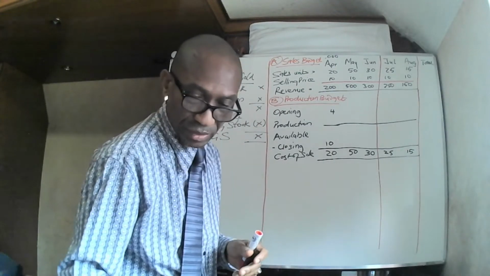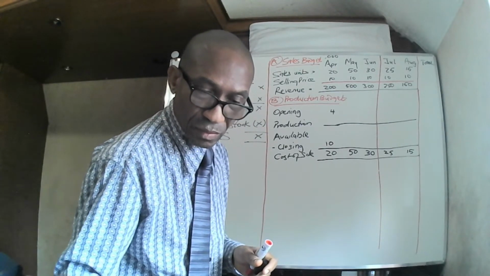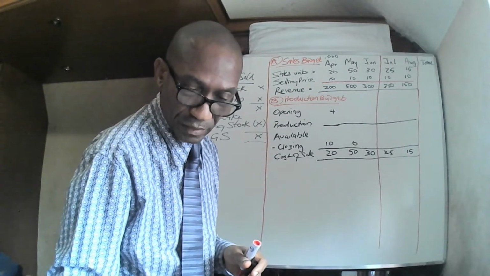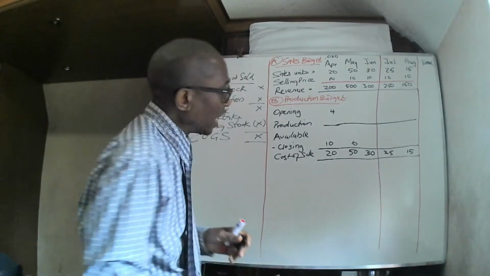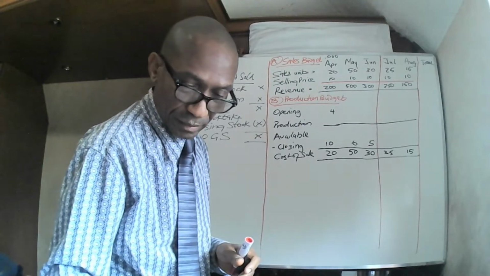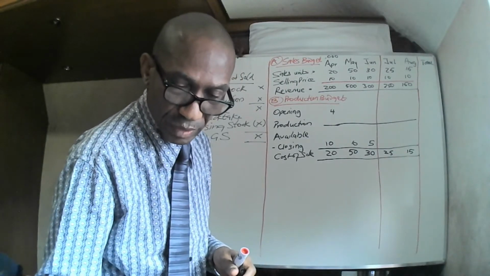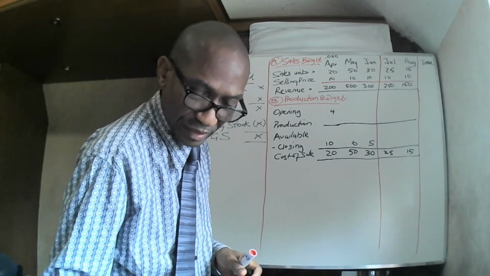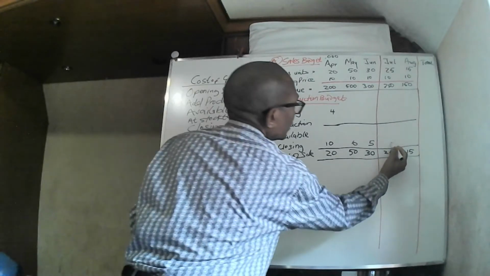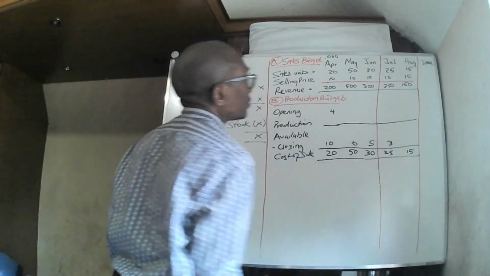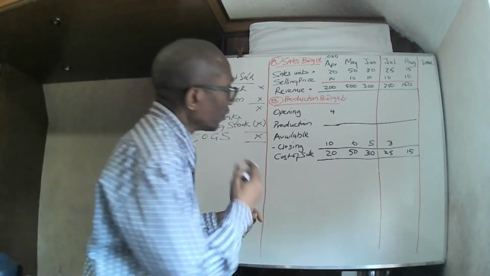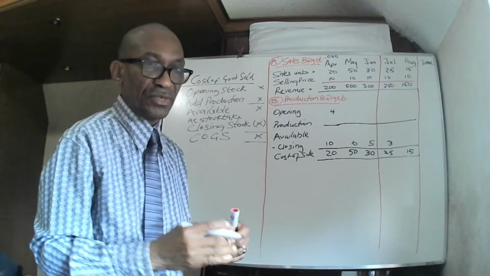Then 20% of 30, which is 6, will be here. 20% of 25, which is 5, will be here. 20% of 15, which is 3, will be here. Okay. You got to do this for all the periods, lest you forget.